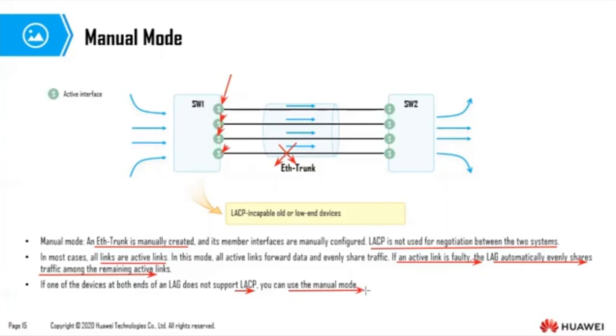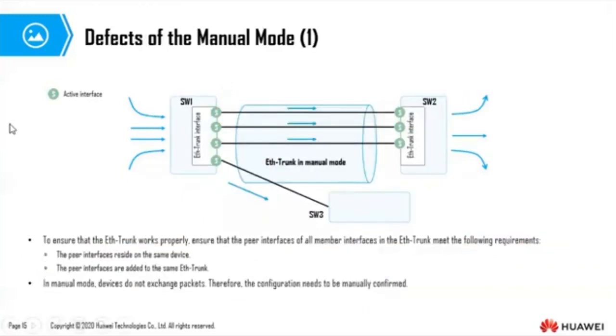So you only want to use the manual mode if, for example, you're creating an Ethernet trunk between 2 switches and one switch does not support link aggregation control protocol. That's the only time as a network engineer you're allowed to use the manual mode. Okay, so let's look at some of the problems of the manual mode, the defects of the manual mode.